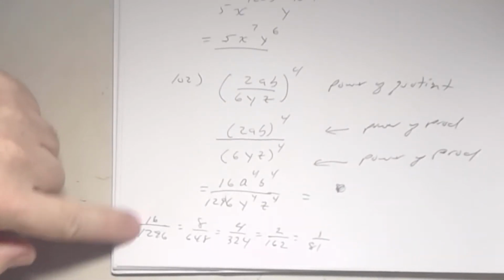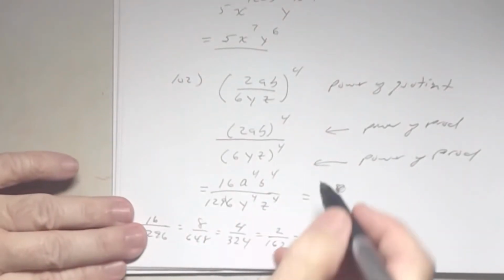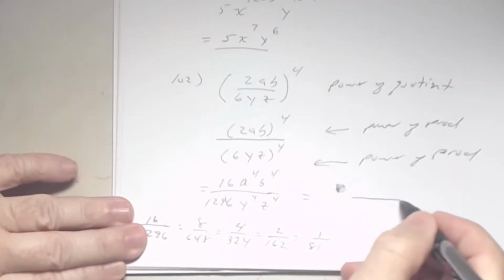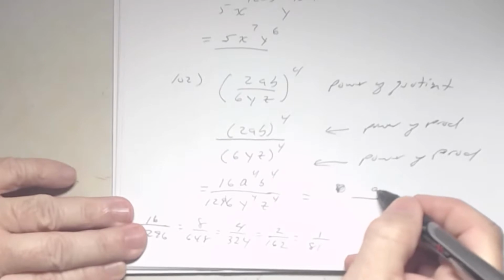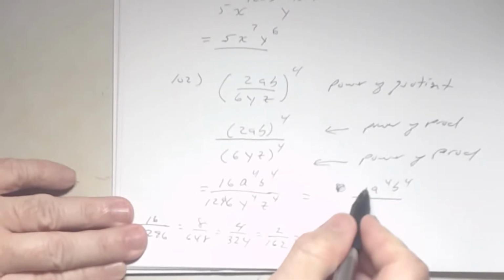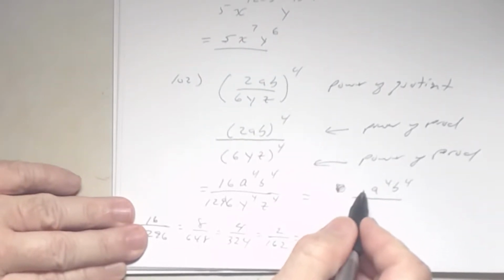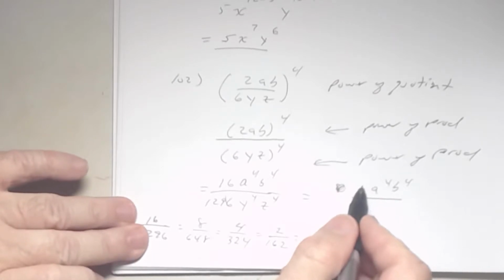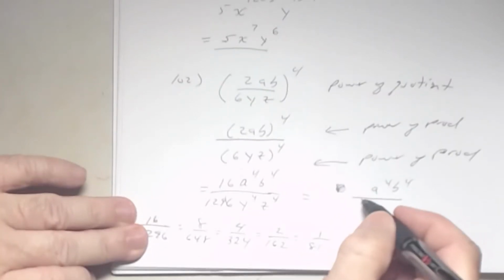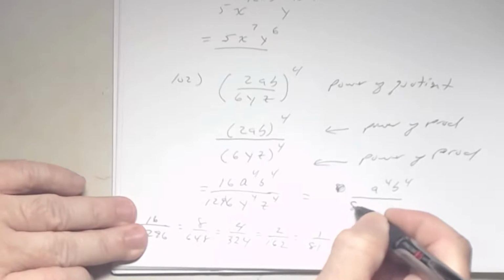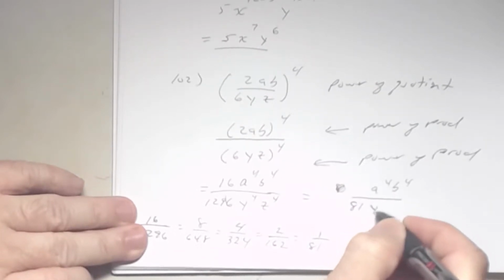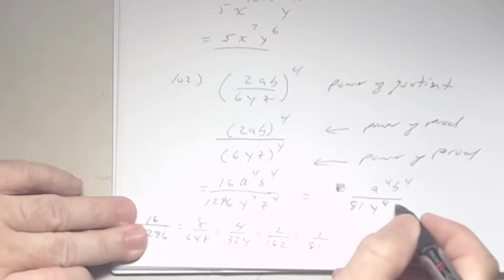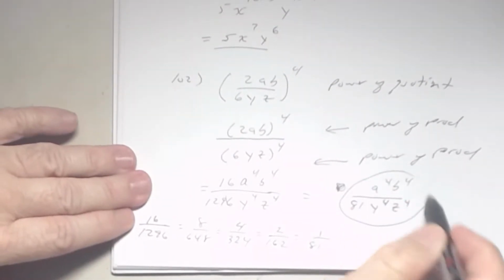All right, so the coefficients reduced to 1 over 81. So that means in the numerator, where I have a to the fourth, b to the fourth, that coefficient is going to be a what? A 1. But do we need to put that 1 there? No. The denominator is going to have what coefficient? 81, and then what's the rest? Y to the fourth, z to the fourth. Okay, so that will be the answer for that one.